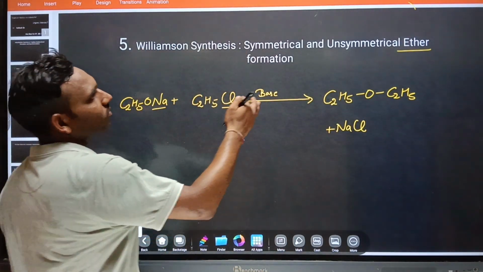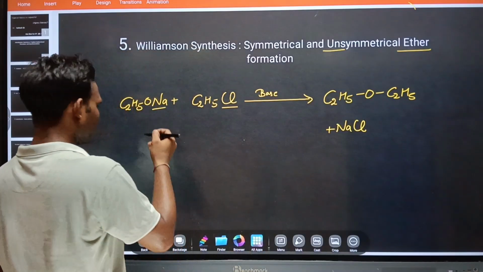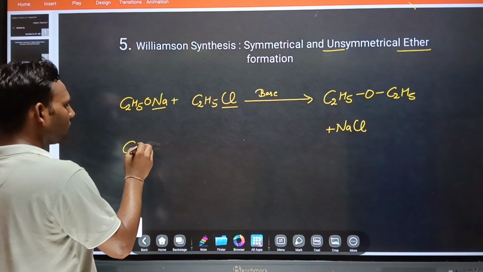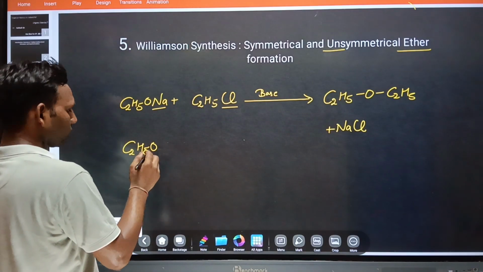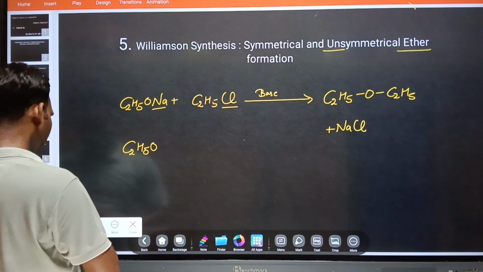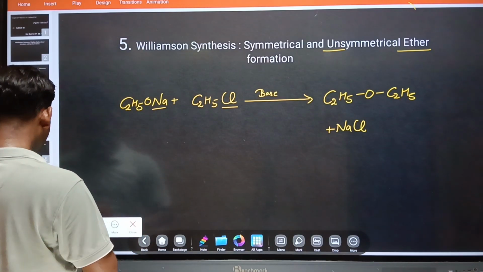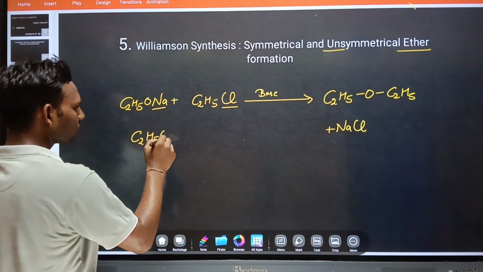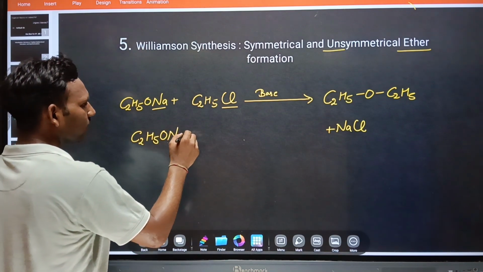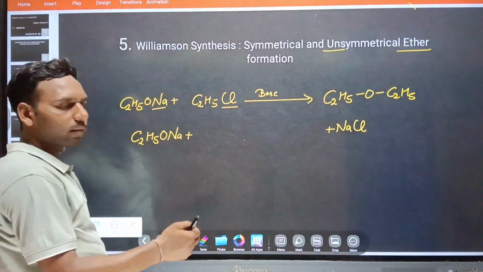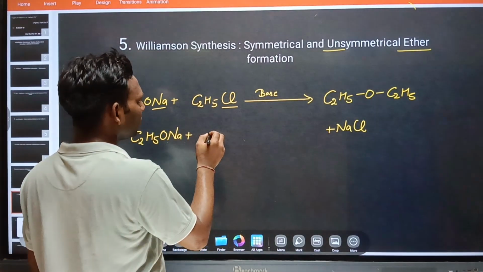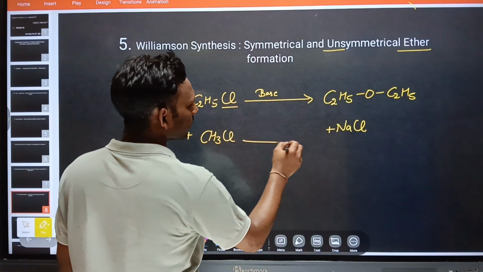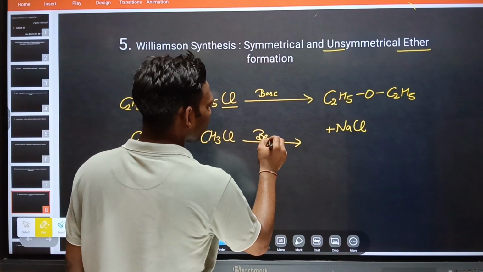And if we form the unsymmetrical ether, then we take a different alkyl group. C2H5ONa plus, any lower member or higher member we take. We take the lower member, CH3Cl, in the presence of base.